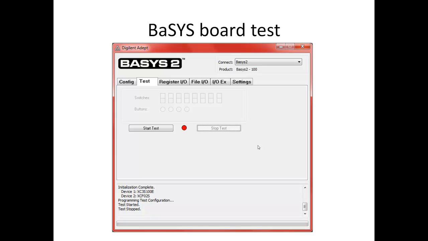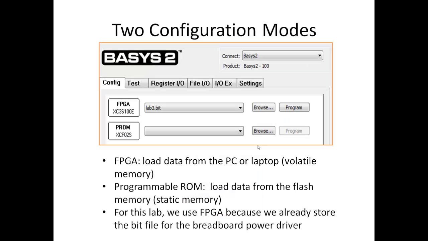And now if you want to test your Basys board switches and buttons, you can open the Adept software, select the Test tab and press Start Test, and this way you can check the switches. And as you all know, it has 2 configuration modes.